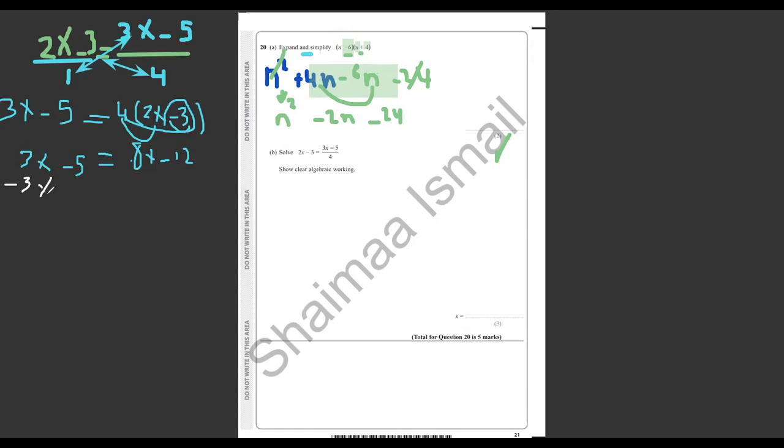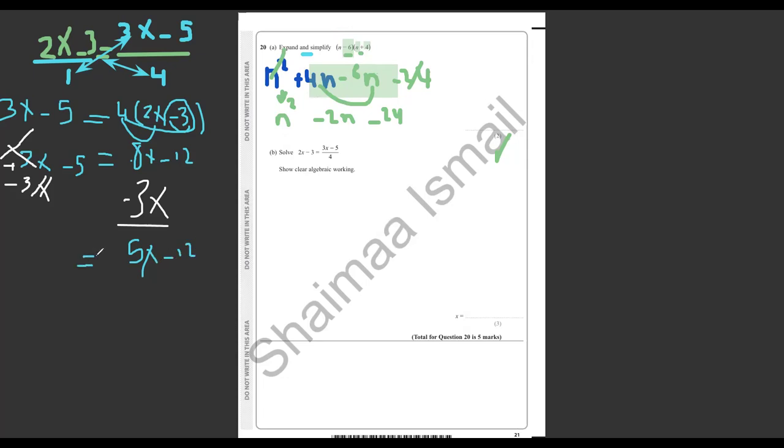So we take the smaller one to the bigger one. Within this operation, the positive 3x with the negative, we kick it. And here the 8 minus 3 will be equal to 5x. So here in this side we have 5x minus 12.